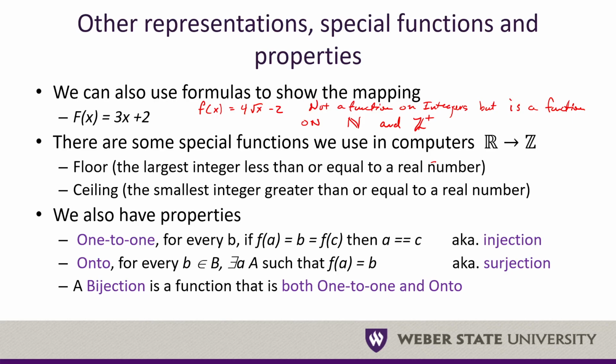Real numbers are bigger. That set has more elements in it. So if I map from integers into the set of real numbers, I can't have a function that will do that. And if I have a function like ceiling and floor that maps from reals to integers, that means I've got multiple values in my set of real numbers that map to a single value in the set of integers.